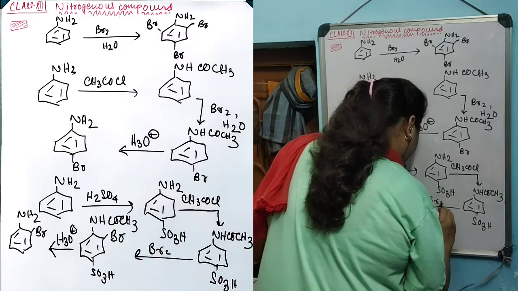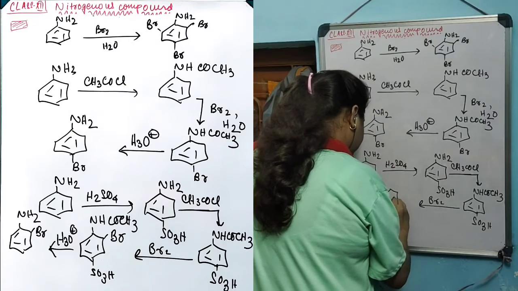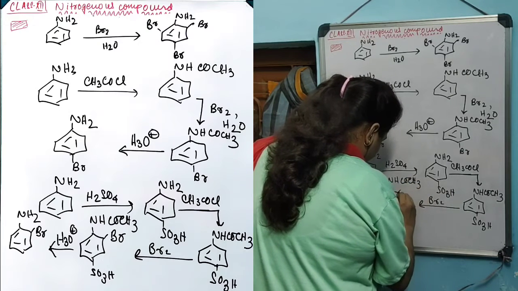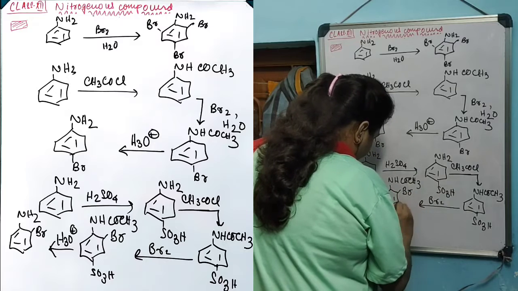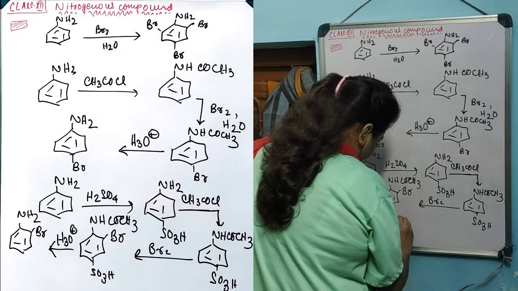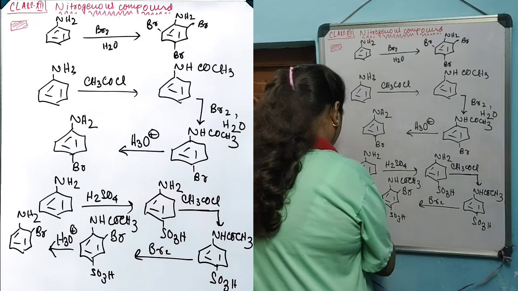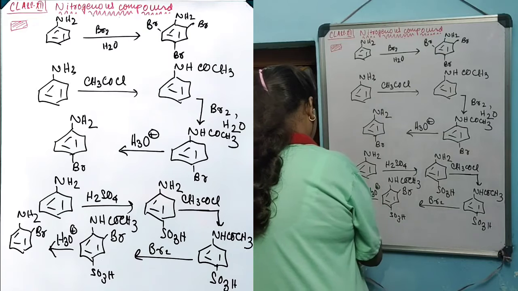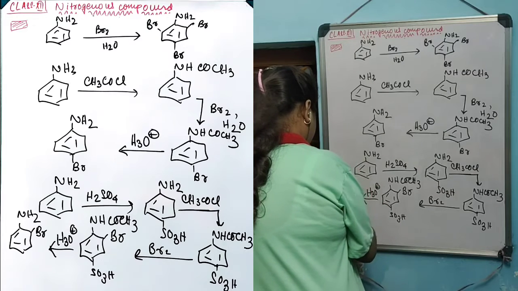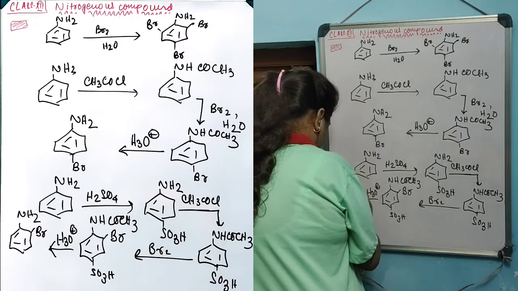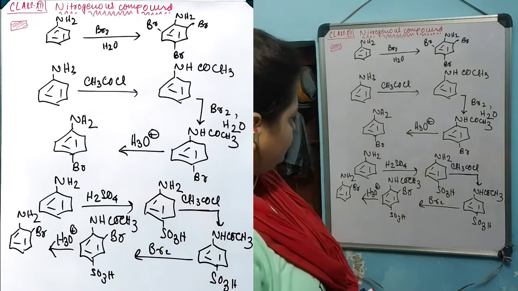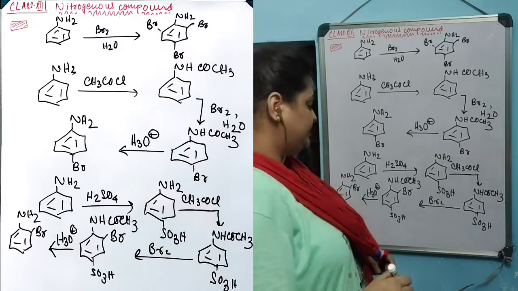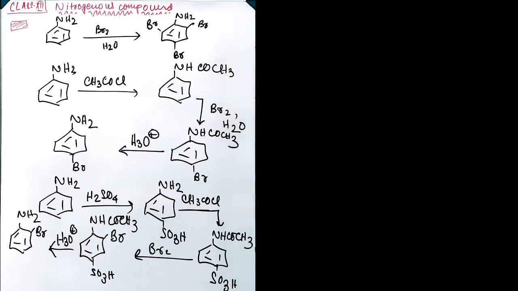And now if bromination is done, as the para position is blocked, it will incorporate in the ortho position. When hydrolysis is done, both these groups will be removed and revert back to NH2, producing aniline with a bromine atom on the ortho position, that is ortho-bromoaniline.